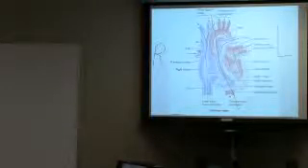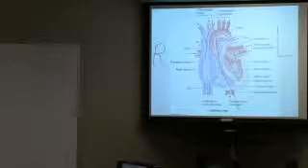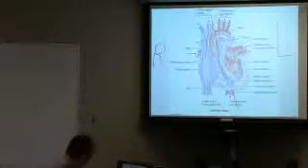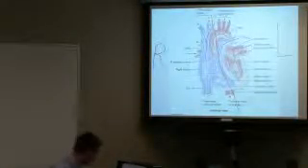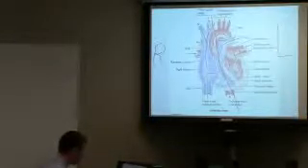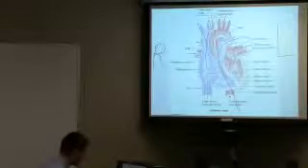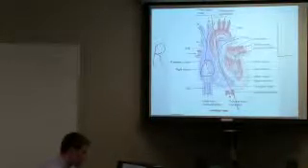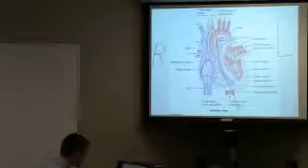So right side deals with deoxygenated blood, left side deals with oxygenated blood. Now, let's take a look at a couple of things here. This is going to be the right atrium. So remember, we have 4 chambers, right? Yes, Jeremy.